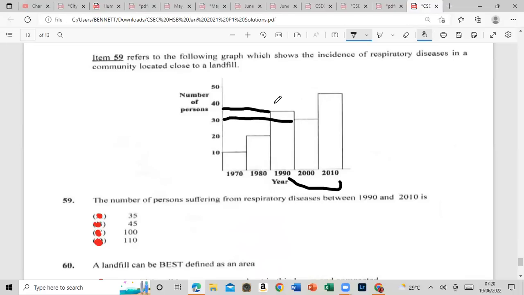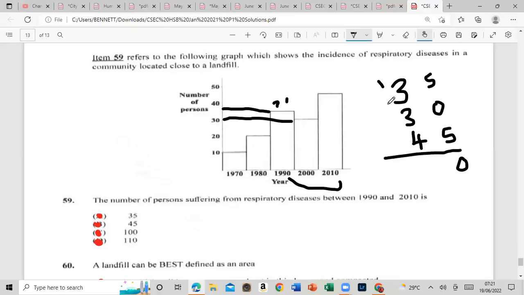So I'm just saying it's at 35. We work with 35, that will be 35 plus 30, and this is 45. Let's try, guys. All right, the answer was provided here. Maths is just awesome.